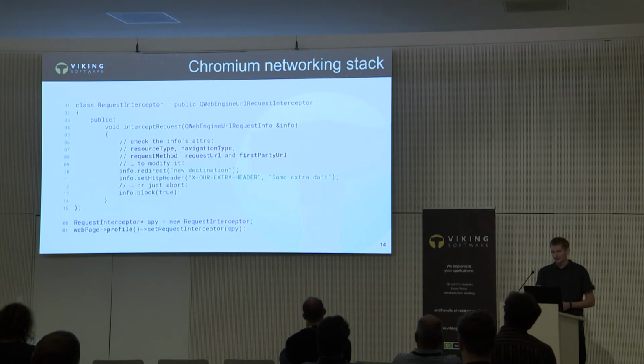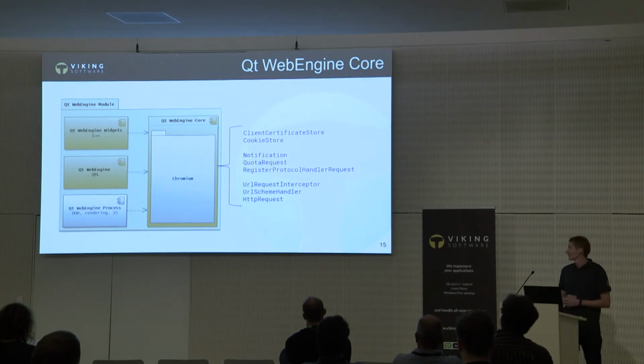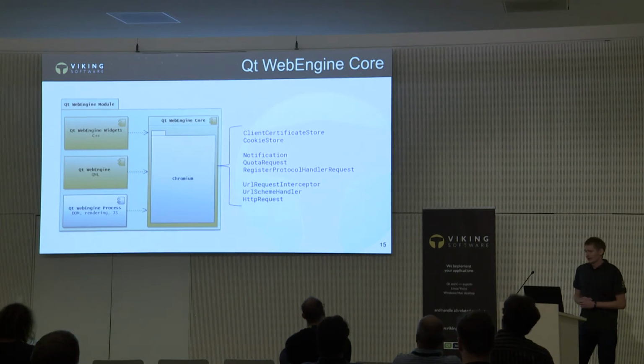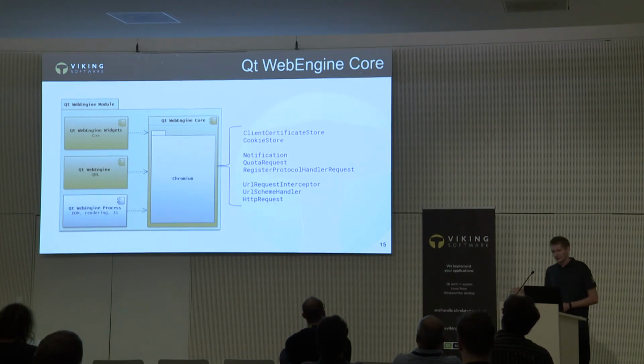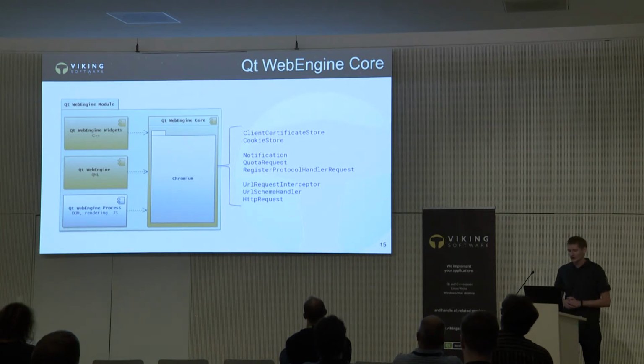Now, let's look at other API provided by submodules. I've grouped these classes just for the purpose of this presentation, so there is no such grouping officially, just for us. Classes provided by Qt WebEngine core.